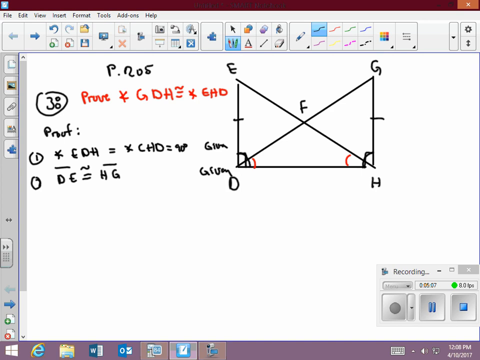Then you can show the two red angles are congruent by corresponding parts of congruent triangles. And so now, to show those two triangles are congruent, what is the next thing you have to do?